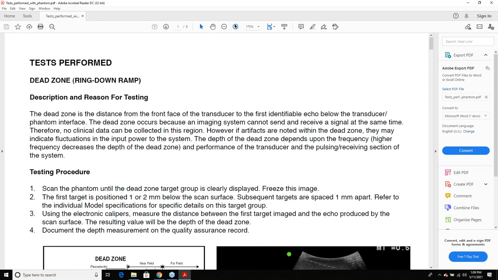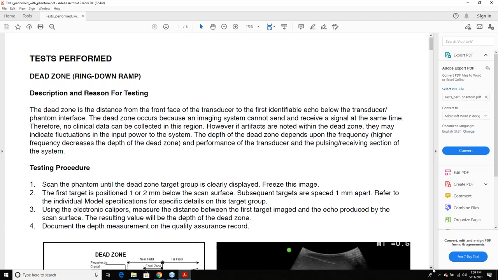So it's my rule of thumb: when I'm using a high frequency probe, I'll do this test. 15 megahertz, I'll do the test. But if I'm using a 5 megahertz probe, I'd never do the test because I'm never going to be looking there. If I was looking up there, I'd be using a higher frequency probe to get a better image, right? So just a little background on why or when to do that.